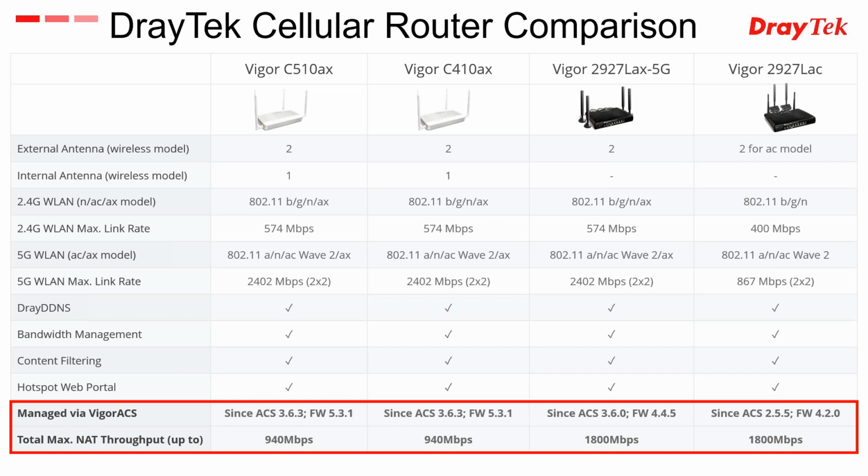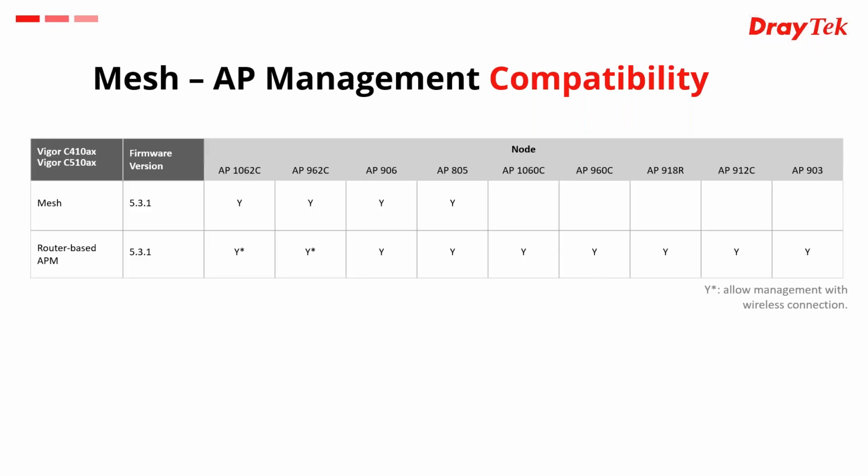And let me find you that slide. Version 3.7.2 is the current version. So that's the version that can manage the devices fully. So here's the AP management compatible, but we're looking for Vigor ACS specifically, right? So yeah.